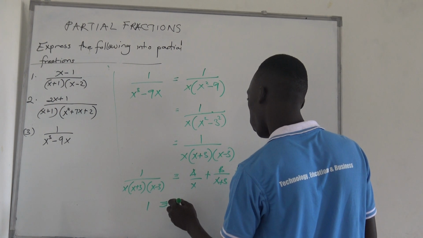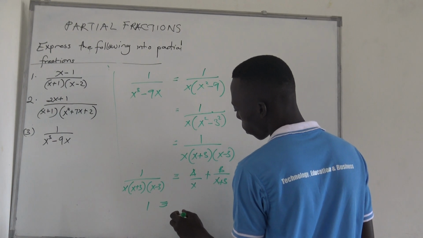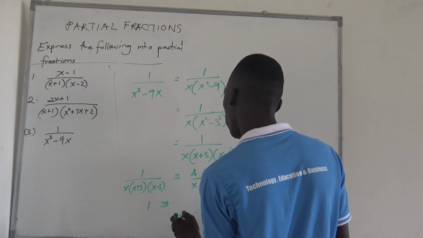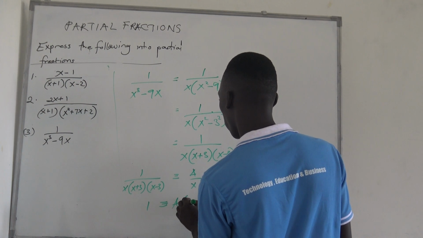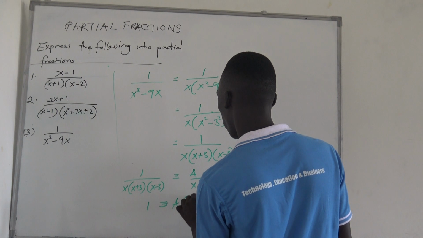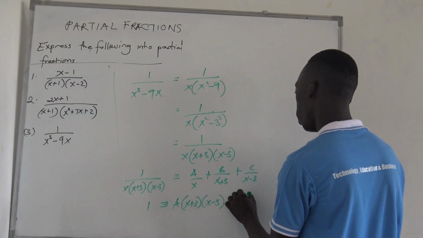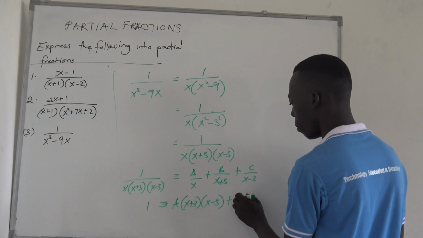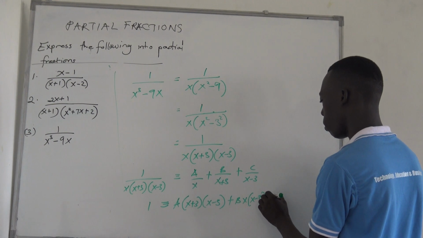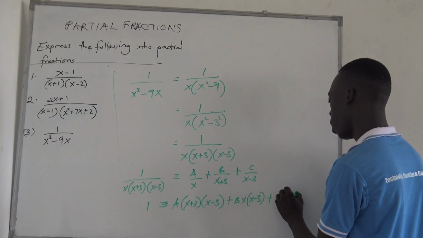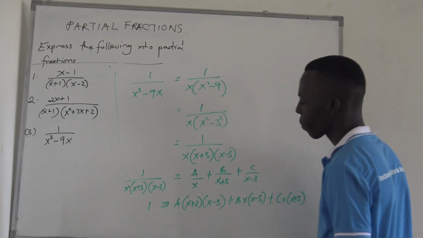When you divide all of this by this, it gives us a times (x plus 3)(x minus 3), plus b times x(x minus 3), plus c times x(x plus 3).